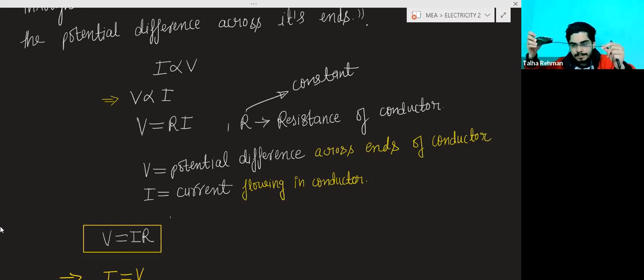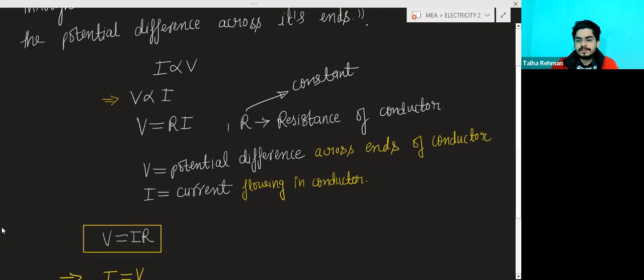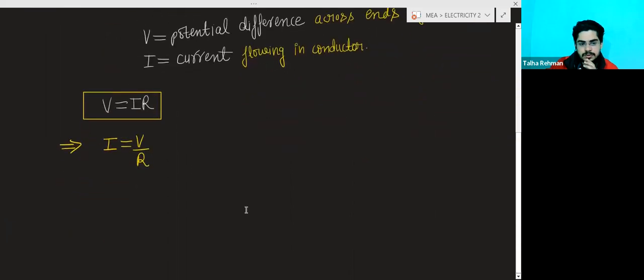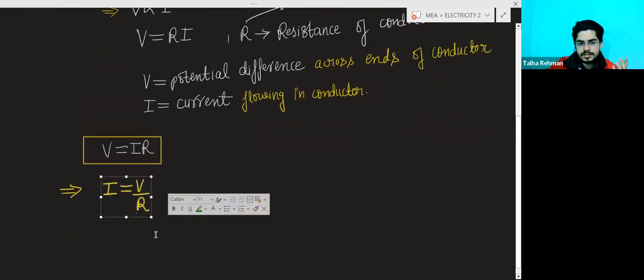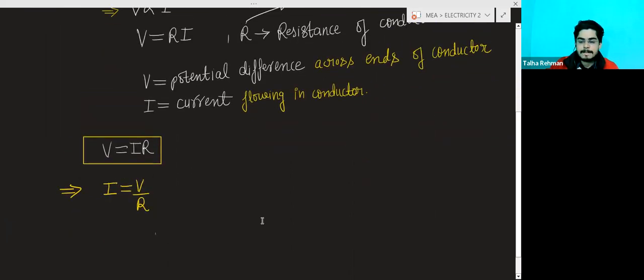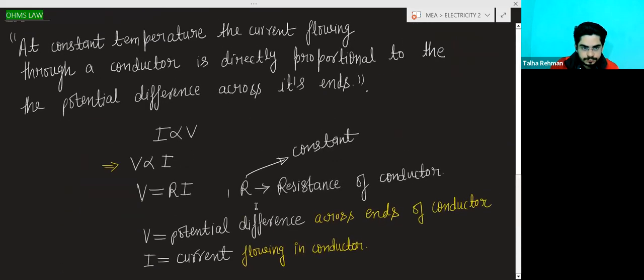That is why most of the devices follow Ohm's law. And if you want to find the current, then you can write I is equal to V by R. Write down, all of you.